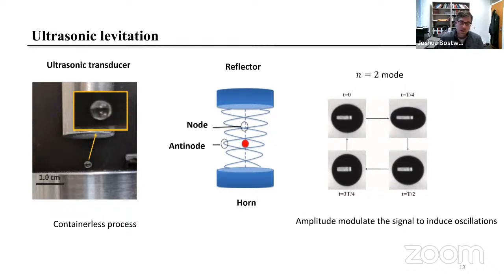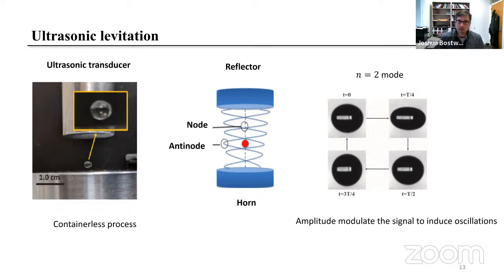Or you can use the technique that we use, which is to ultrasonically levitate these drops and excite oscillations via amplitude modulation. Here we have an ultrasonic transducer and a reflector, shown on the right. The ultrasonic transducer creates an acoustic wave that is reflected back by the reflector. When you tune the distance between the transducer and the reflector just right, you can form a standing wave.